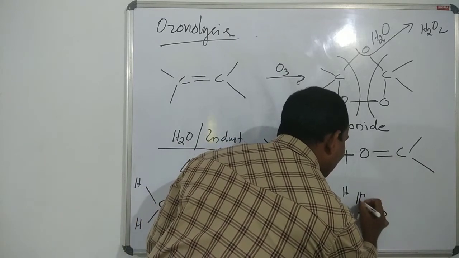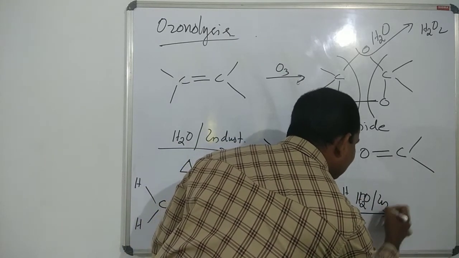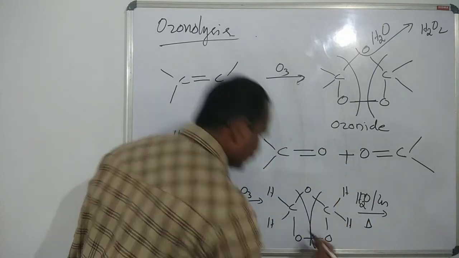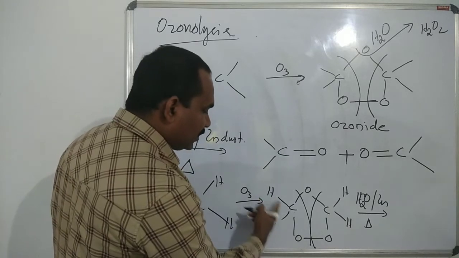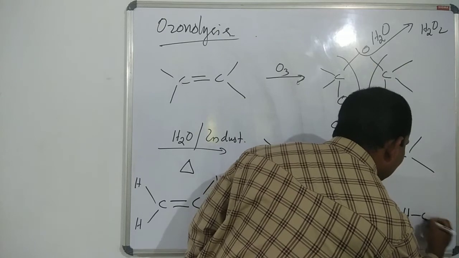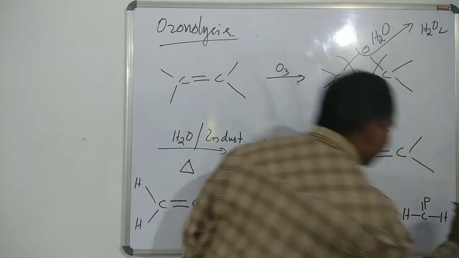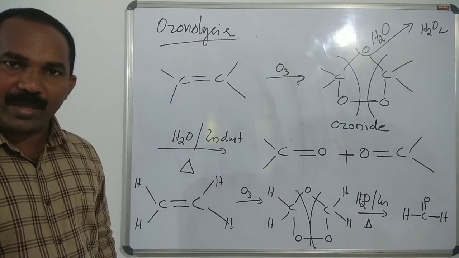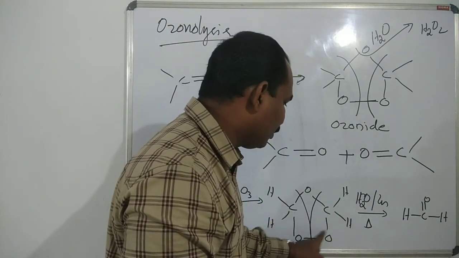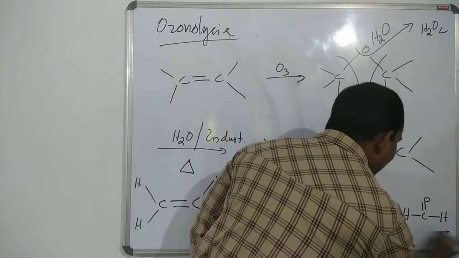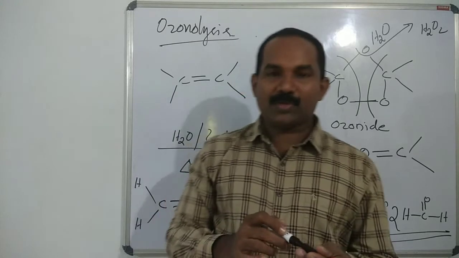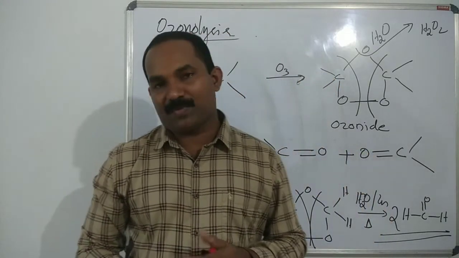Then water in the presence of zinc dust, with heat. The bond breaks like this. We get HC double bond O, H. Here also HC double bond O, H. So two molecules of formaldehyde, methanal, are formed.